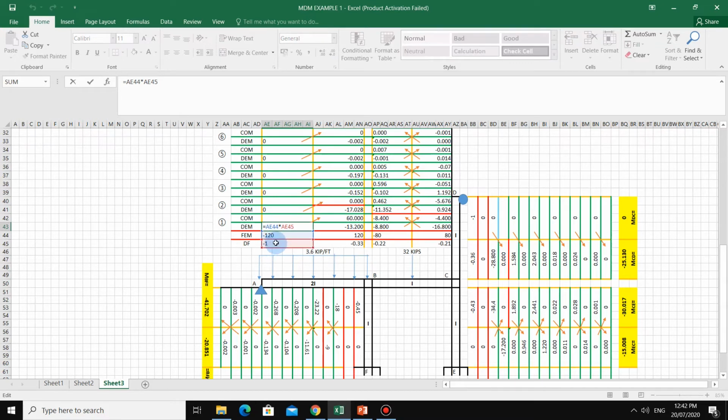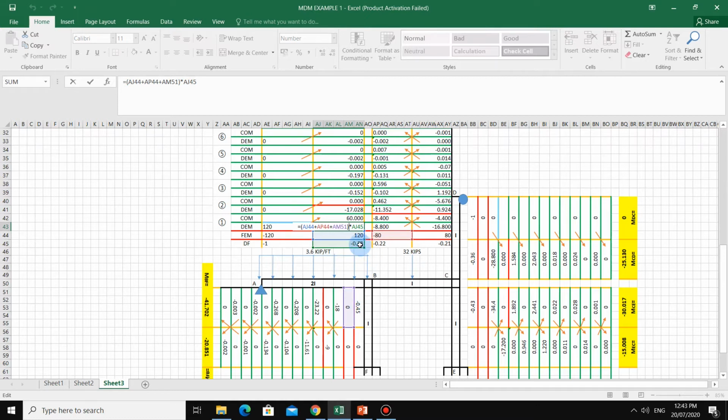Okay, so we'll have this 120 here. Then how about for BA? So how did you get negative 13.2? So negative 13.2 is the algebraic sum of the FEM of BA, which is 120, then the FEM of BC, negative 80, then plus 0, so FEM of BF.